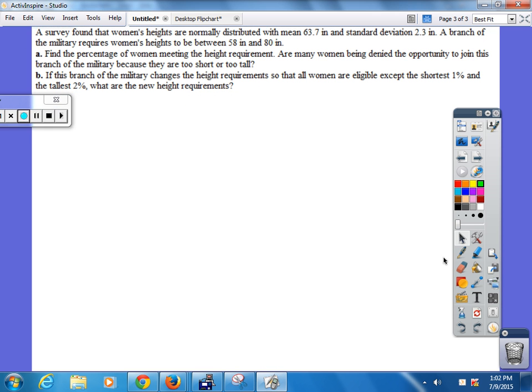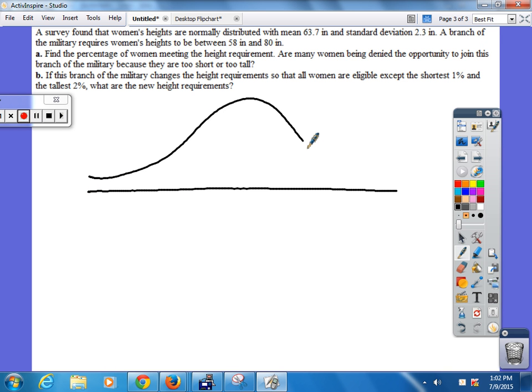Now, what do we do? Well, first of all, you draw a picture again. All of these problems you need to draw a picture because it helps you get acclimated to the problem. Because what's the first thing people are going to do when they see this problem on the test? I'm going to the next problem. Why?